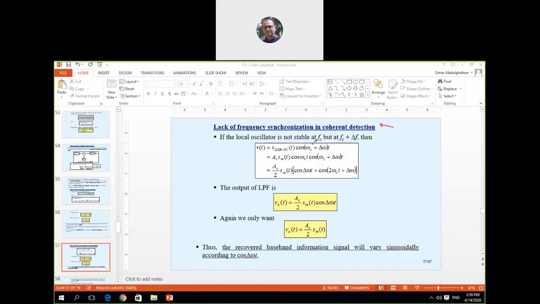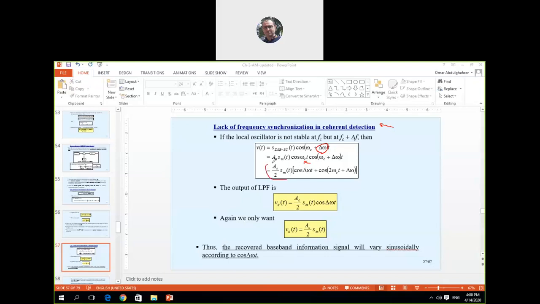Same procedure, but here we assume this is the double sideband suppressed carrier, and that we have some frequency variation, delta omega, plus or minus. Once I multiply this one by the carrier signal from the local oscillator, again cosine A, cosine B, you can apply the same trig relation, which is half cosine of A plus B and cosine of A minus B. So this is the resulting signal.